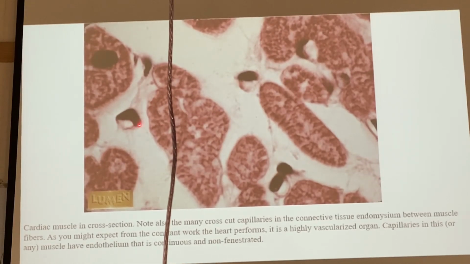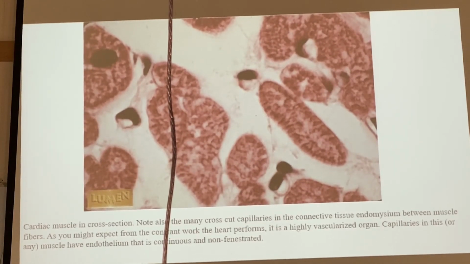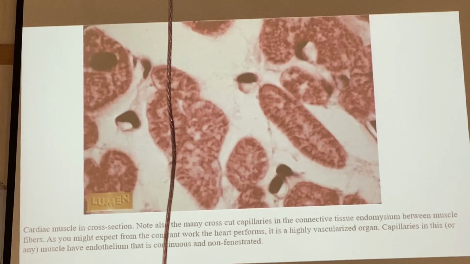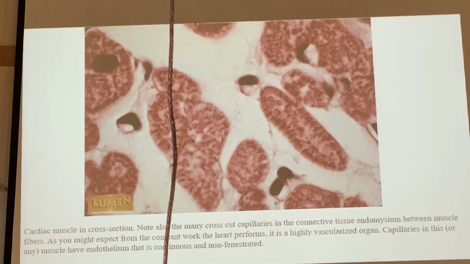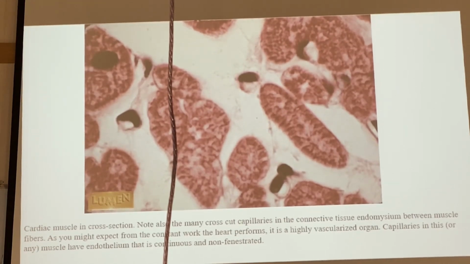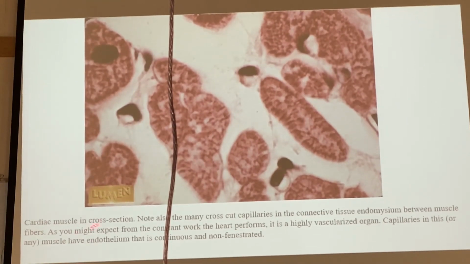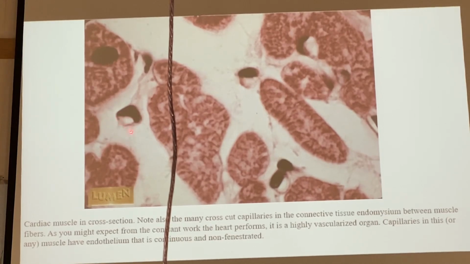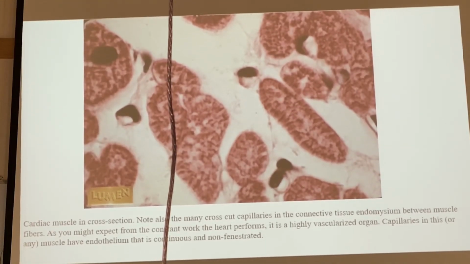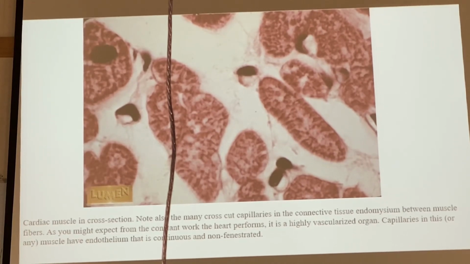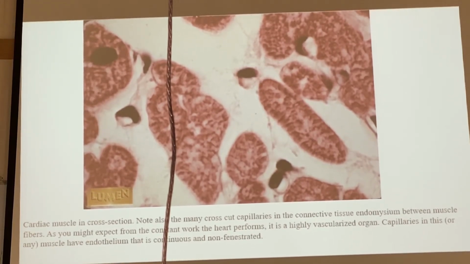The dark area is the nucleus of the capillary, because each capillary is lined with a single endothelial cell. So this is the nucleus and the cytoplasm. There are 1, 2, 3 capillaries in the section.